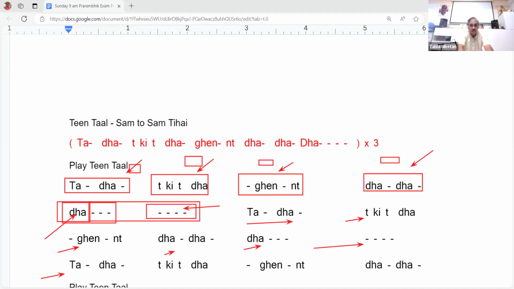Again, 1, 2, 3, 4, and so on. Was there a pause after the third time? No. So write down the point. In any tihai, open your book and write down, the occurrence of the pause between the loops of the tihai happens only 2 times, not 3 times.